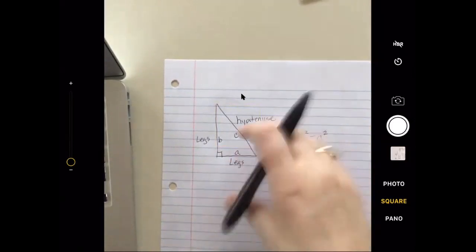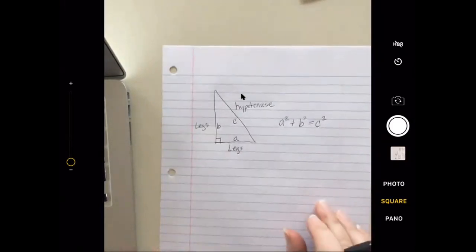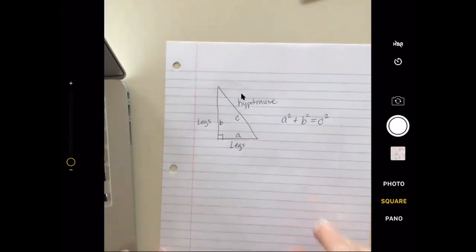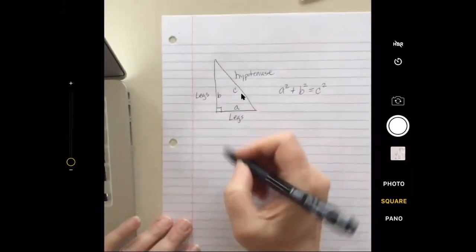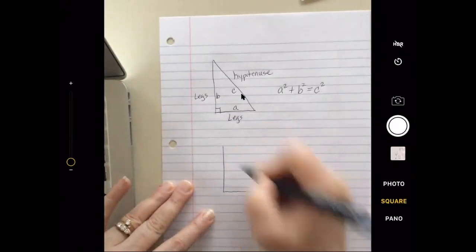After you do the Pythagorean theorem for a while, mathematicians started to notice some patterns that worked every time when the angles were the same. They noticed there were similar triangles.